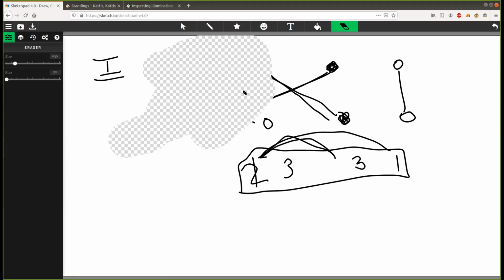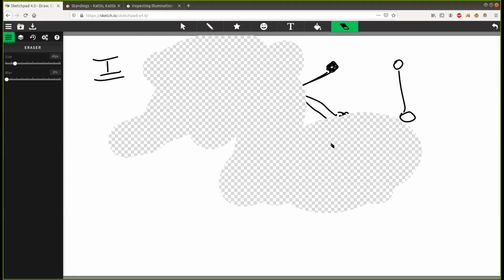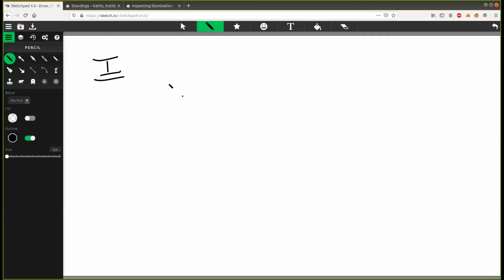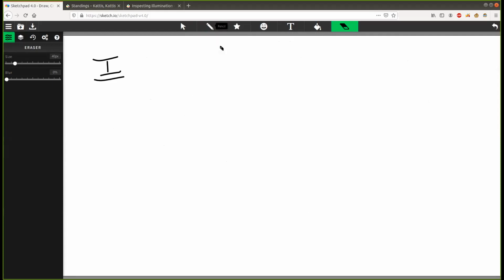So let's think. Definitely we could do it in n queries, which is pretty obvious. You can just try one switch at a time, but that's too many queries.